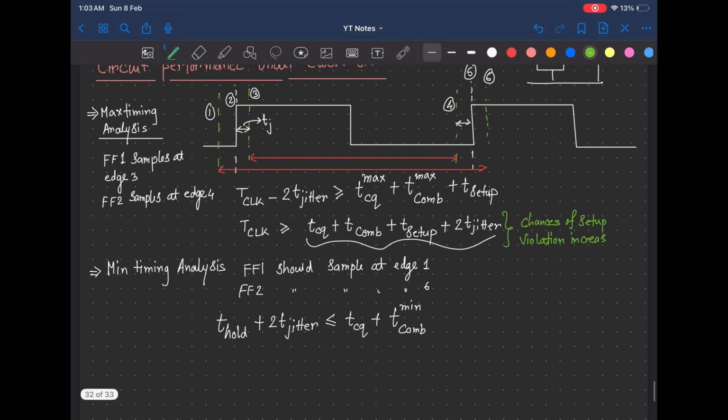And the same for the hold violation: because of the increase in the clock period, it will also not help in the hold calculation because this term is getting a higher value. So the chances of hold violation also increase.